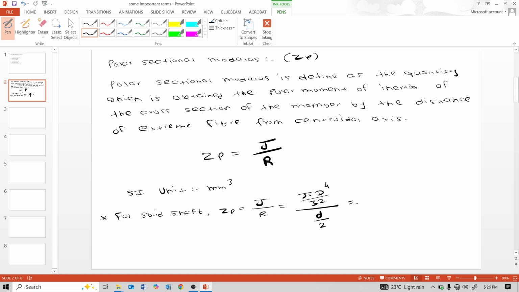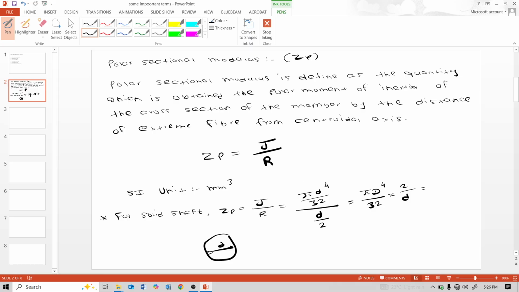So pi d raised to 4 upon 32 multiplied by 2 by d, where d is small d because we have considered a solid shaft of diameter small d.